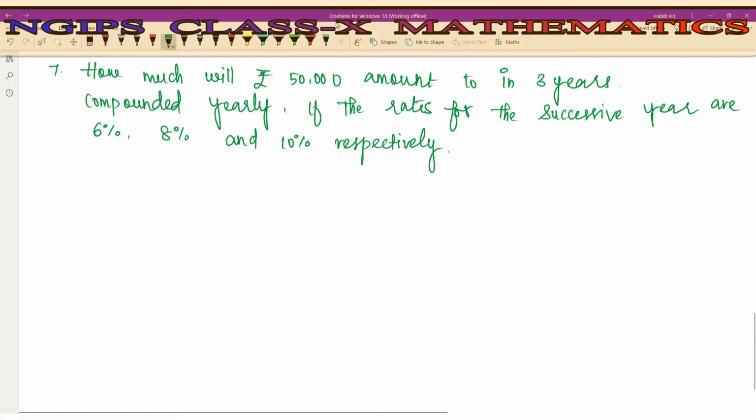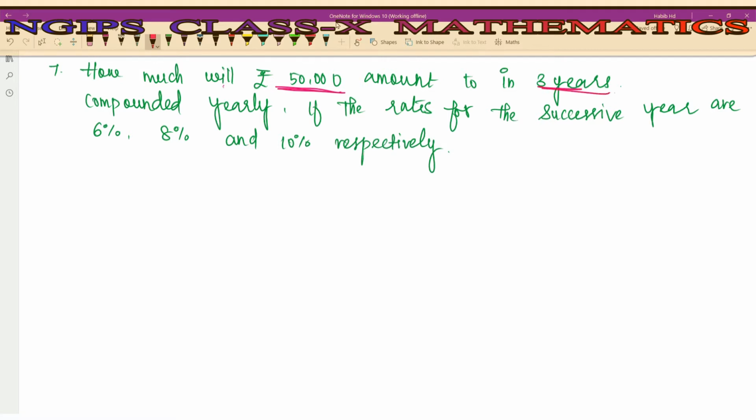Okay, here they have given: how much will rupees 50,000 amount to in 3 years? In 3 years, how much will the amount become? They have given 50,000 rupees compounded yearly. If the rates for the successive years are, they have given it for 3 years, right?